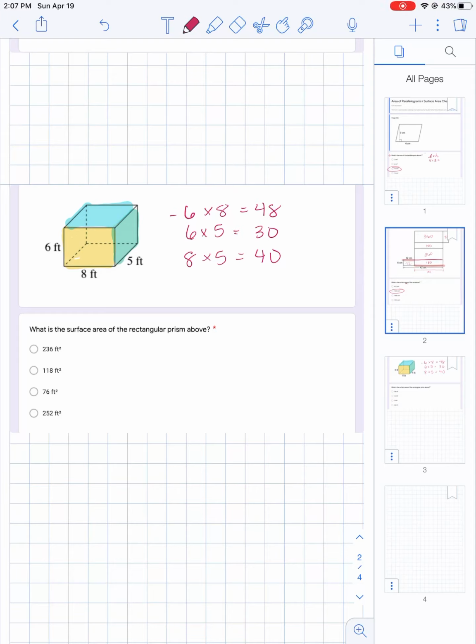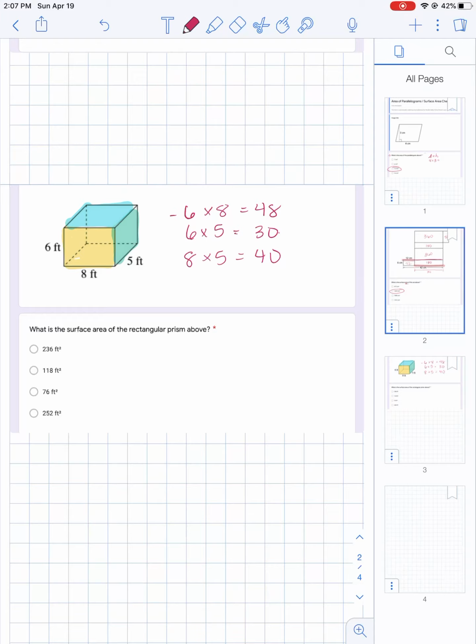It's going to be the exact same size as the back wall. So we can take this 48 and just do it twice. And then similarly over here, our green wall, which is 6 by 5, the far left wall is going to be identical to that. So we can do 30 twice. And then our top, that blue one, is 8 by 5. That's going to be identical to the bottom.